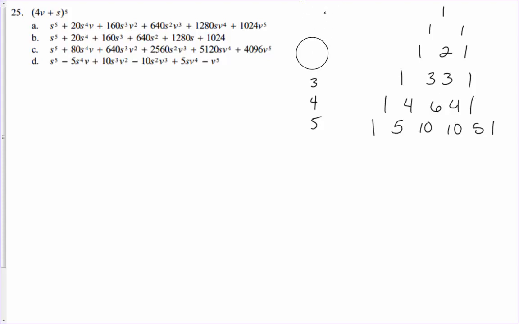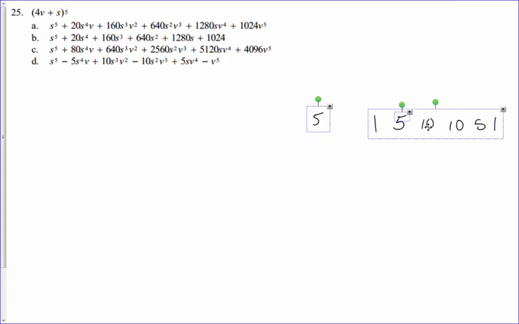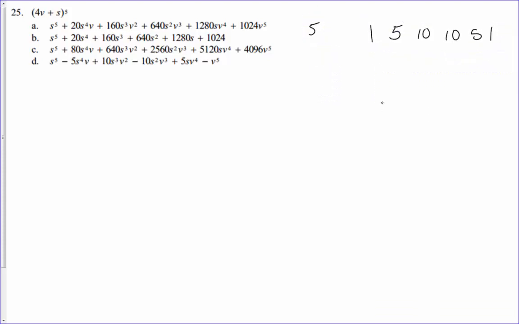I'm going to erase the rest of these for space. Alright, so those are erased. Now I'm going to move these up higher. Alright, so let's get this done. So now we know we're going to have 1 times (4v) to the 5th. s to the 0 I'm going to leave off for space.